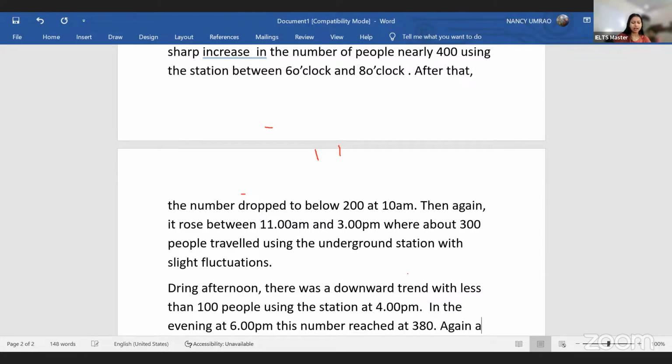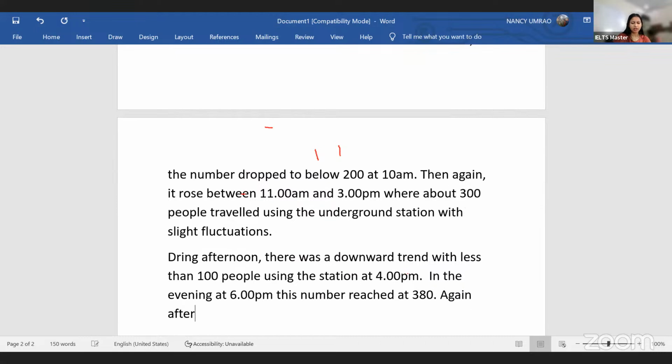Then again after 7 o'clock, the total number of travelers reduced significantly.